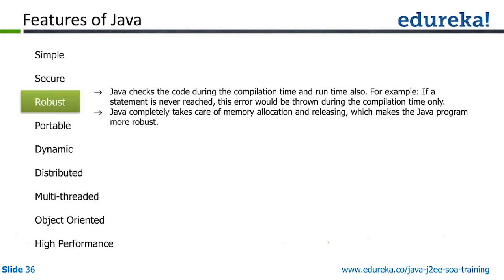So it's robust. When we talk of robust, we want an application not to fail, and it should be able to recover from errors. So Java probably scores a lot of brownie points in that area. It checks code during compilation time.